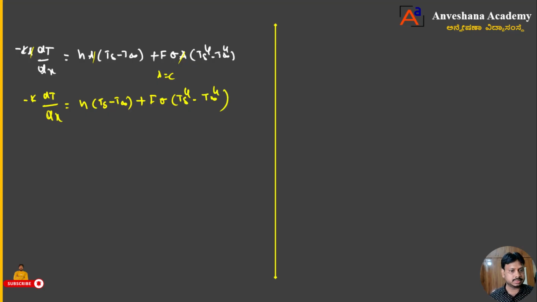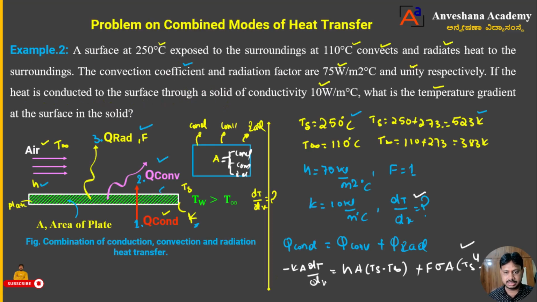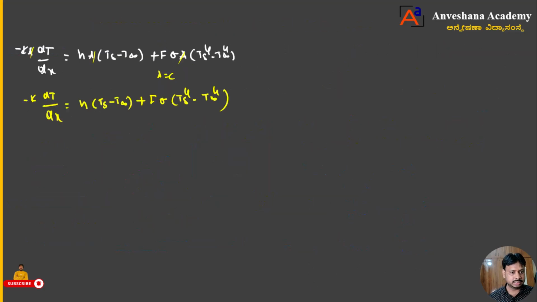Now, dear students, I don't know the value of dT by dx, so I will keep it as it is. What is the value of k? K is given in the problem, 10 watt per meter degree Celsius. So I write minus 10 into dT by dx. I don't know the value of dT by dx, so I will keep it as it is.